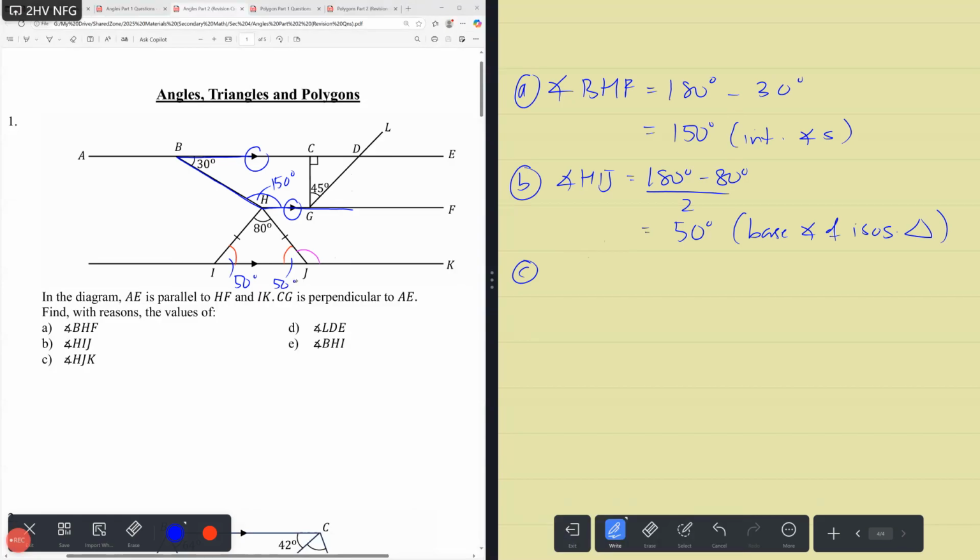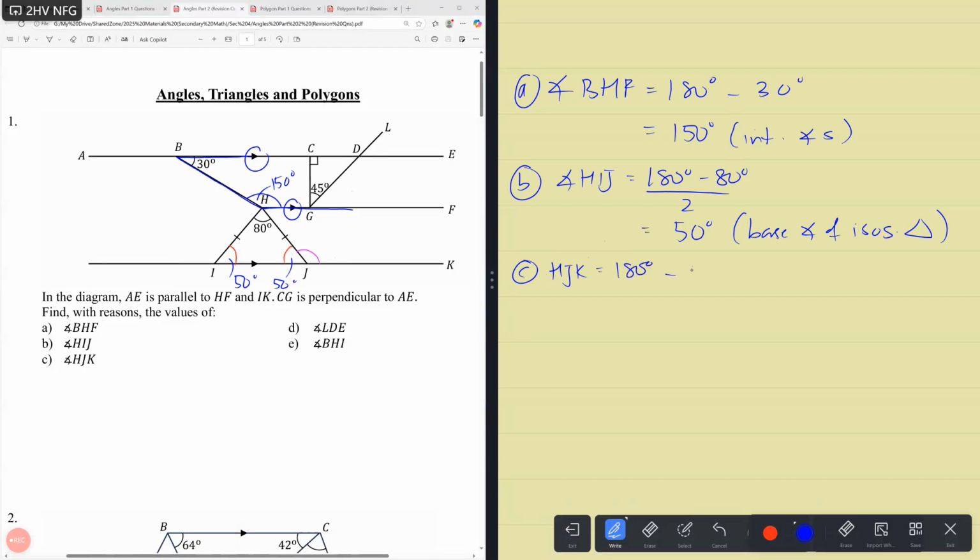Therefore, angle HJK is simply 180 degrees minus 50 degrees equals 130 degrees. Reason? Because they are supplementary angles. Or you can write down sum of angles on a straight line.